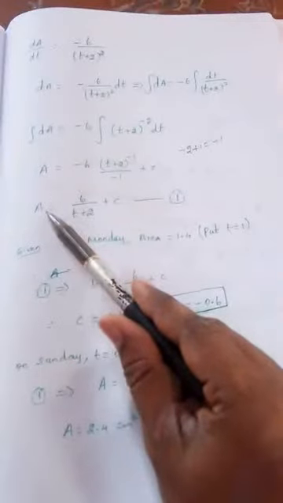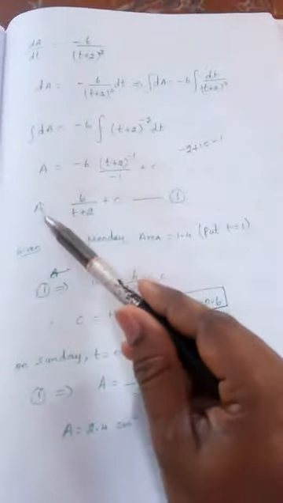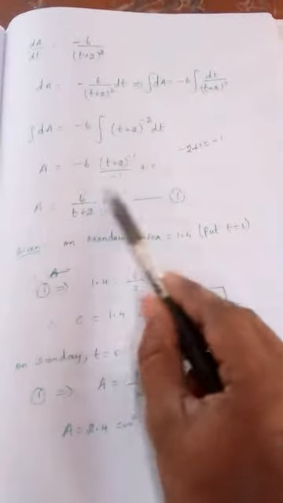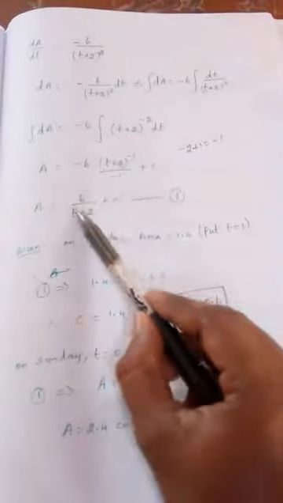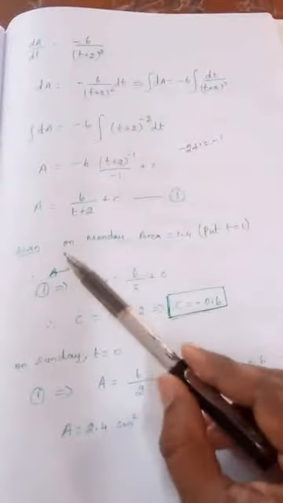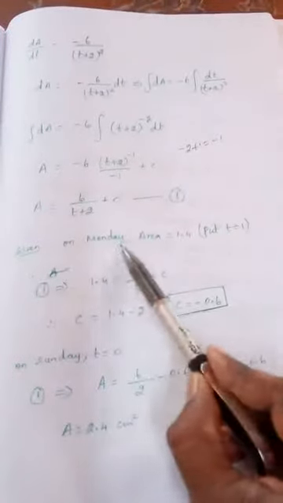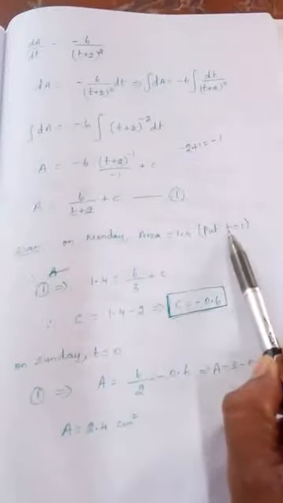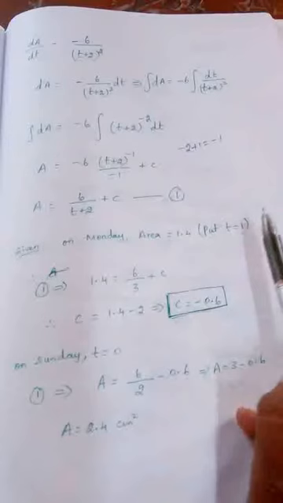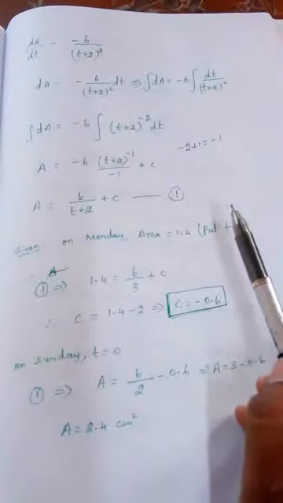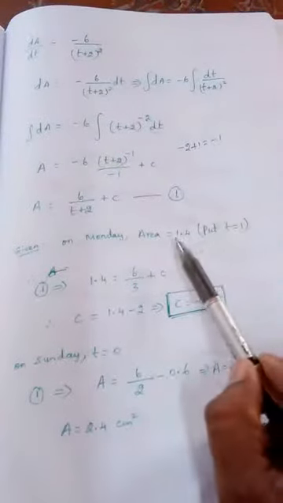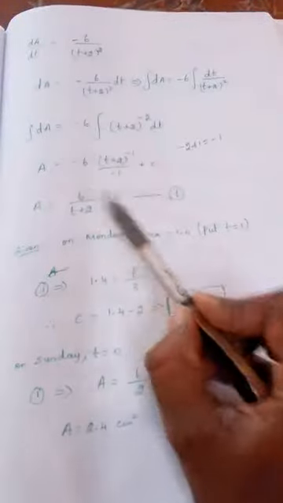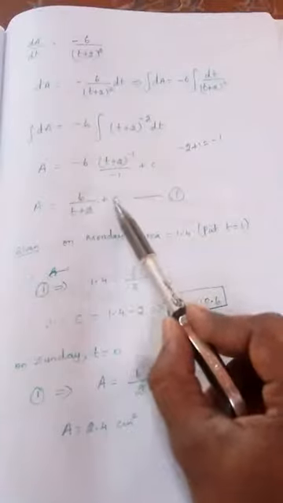A is the area of the wound, and we have got one expression for it. It is given in the question that on Monday the area of the wound is 1.4. Since Sunday is the starting day, I take that as t equal to 0, so Monday means t equal to 1. Use this condition in the first equation.